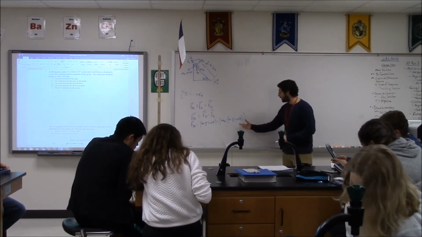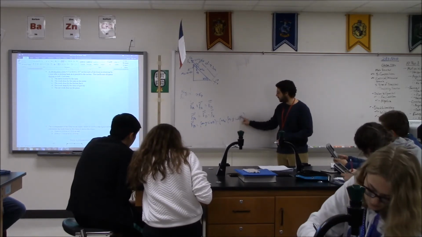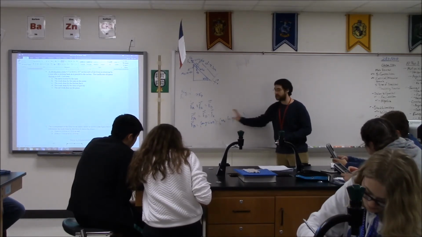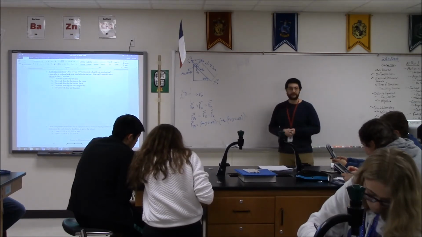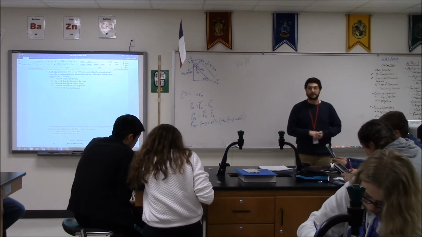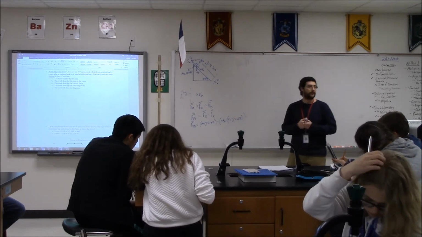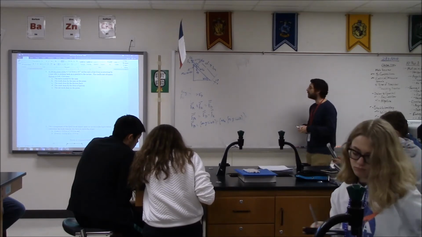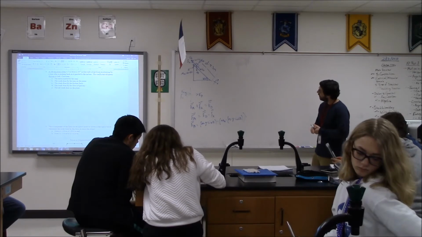Don't forget your order of operations here. You need to do this normal force stuff first and then multiply by the coefficient of friction, and then do your subtraction. Who's got a number for me? And how many sig figs should you be telling me?